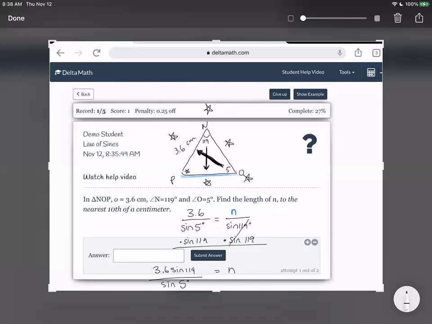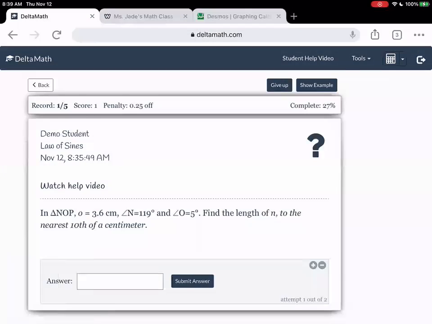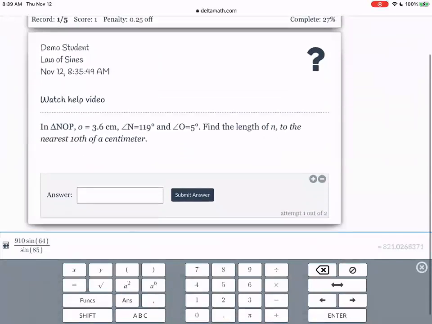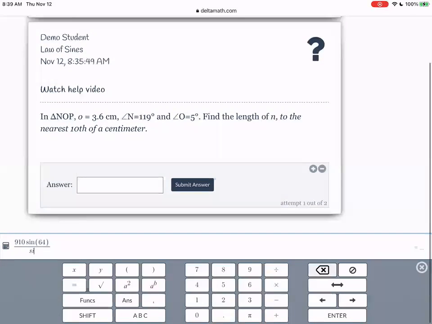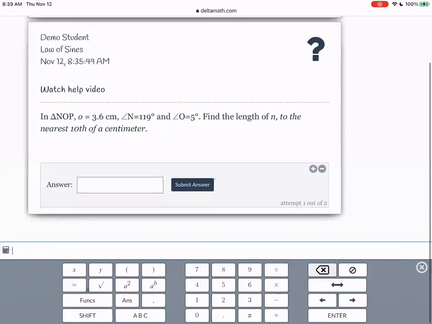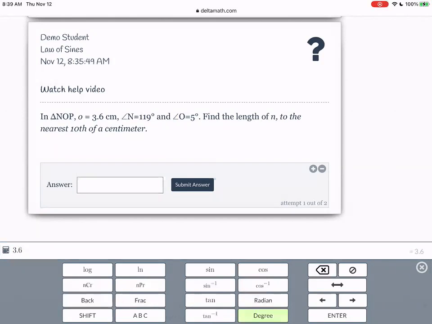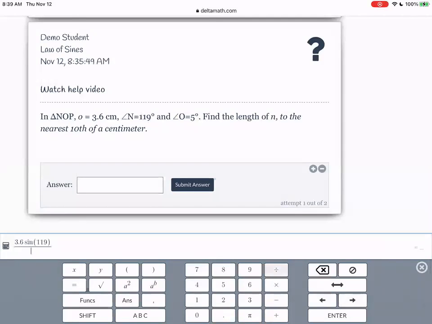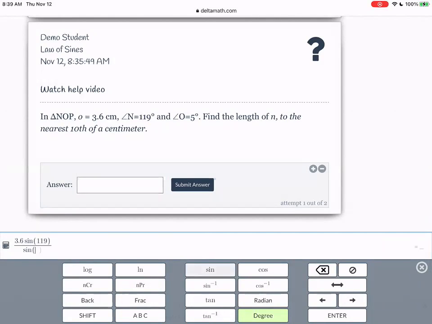Okay. Oops, that is the answer box. I'm going to type it in here in the calculator before I type it in the answer box. Not like last time. Okay, 3.6 sine 119 divided by sine 5.